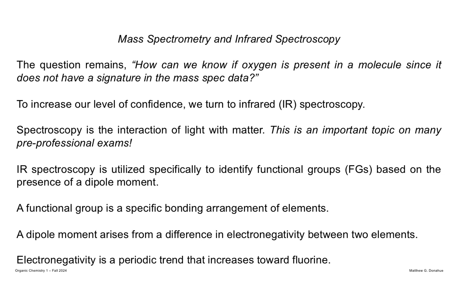So the question is, how can we know if oxygen is present in the molecule if there's not a specific signature in mass spec? So we're going to learn about IR spectroscopy. And spectroscopy is the interaction of light with matter. So light is kind of weird in the sense it acts as a wave and a particle.